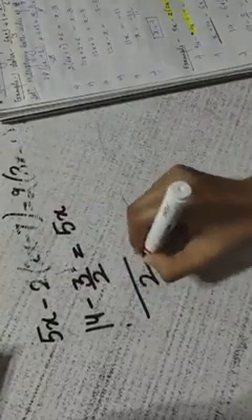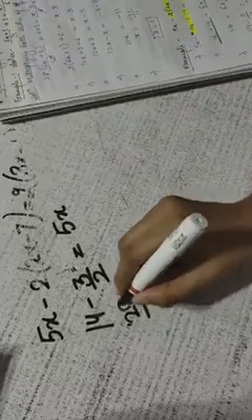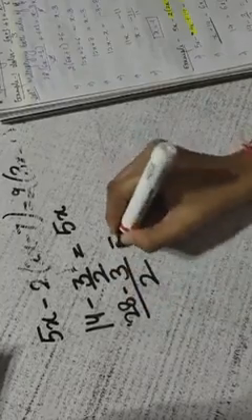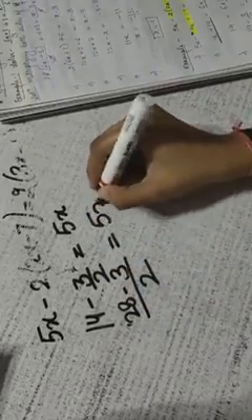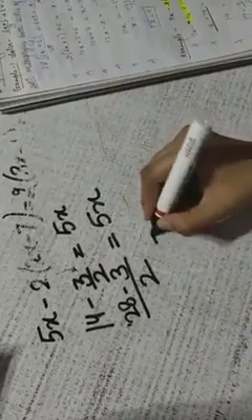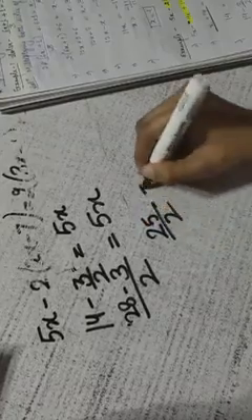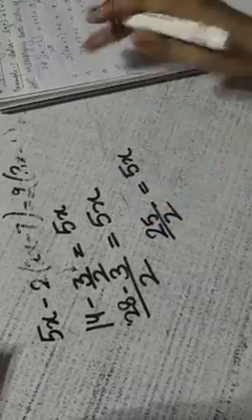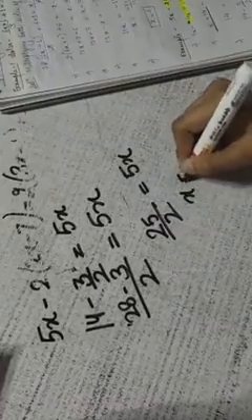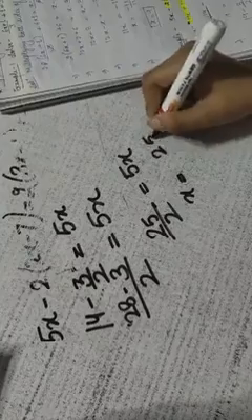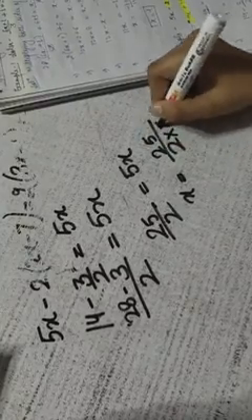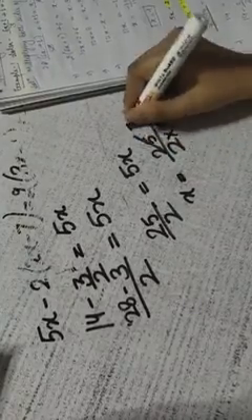Now we can take the LCM 2. 14 into 2 is 28, minus 3 is equal to 5x. So we'll get 25 by 2 is equal to 5x. So what we can do? x is equal to 25 by 2 multiplied by 1 by 5. 5 5s are 25.